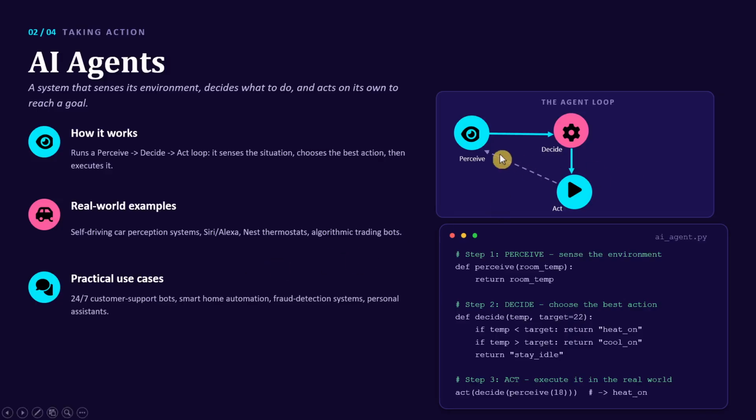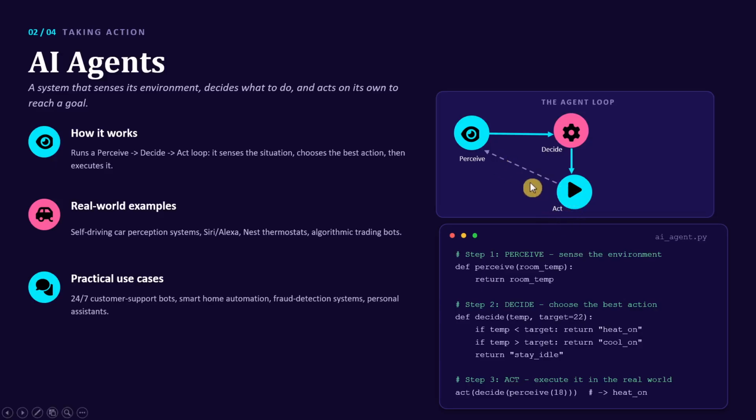So this is the flow: perceiving, then based on the perception a decision is taken. After perceiving, it will reason and plan, and then it will act, executing the required actions.